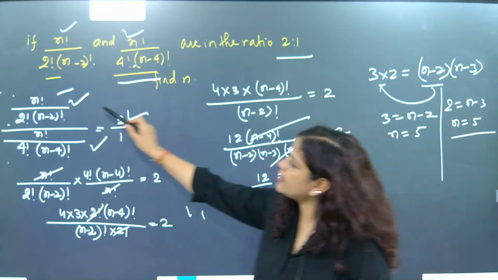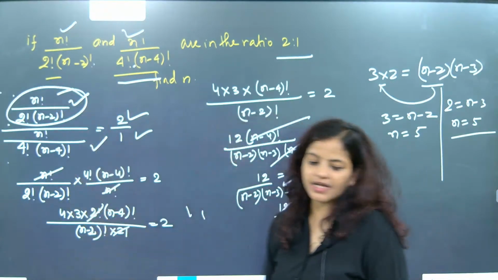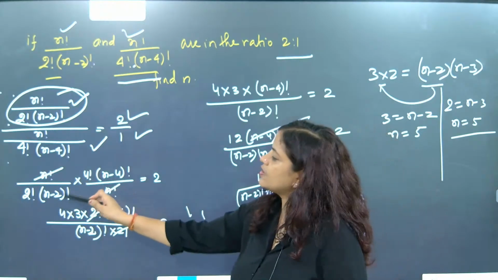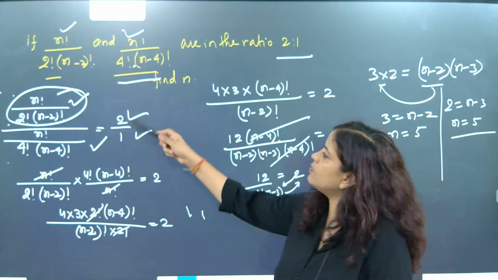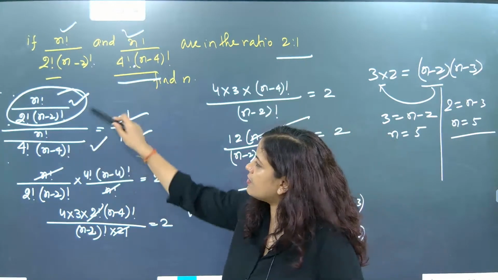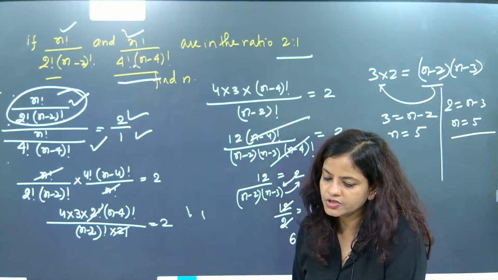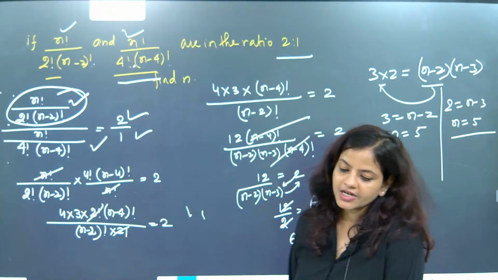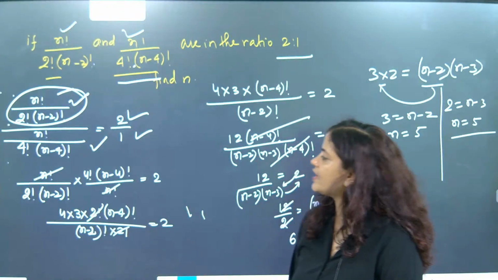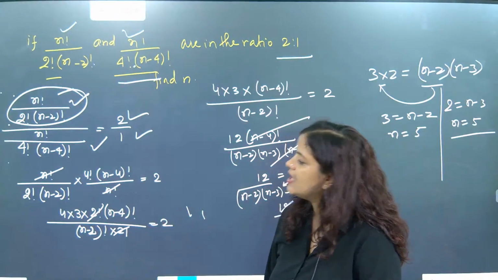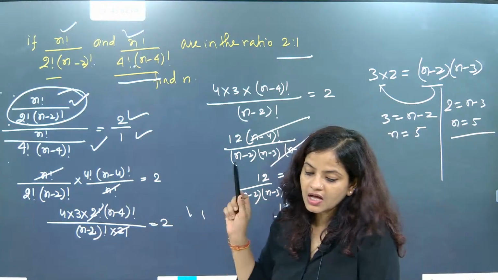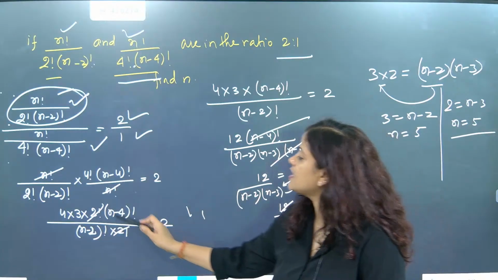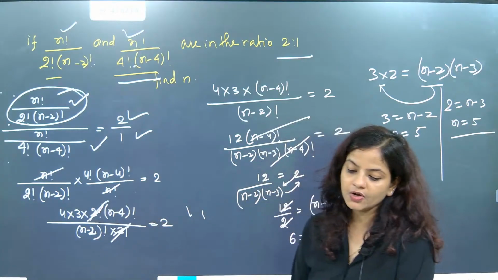Now beta, in the numerator section I wrote as it is n factorial by 2 factorial into n minus 2 factorial, but in the denominator this part will come up and n factorial will go down. Understood? So this and this will get cancelled. Now 4 factorial can be written as 4 into 3 into 2 factorial, and n minus 4 factorial by n minus 2 factorial. Divya, after that what you need to do is cancel 2 factorial up and down.